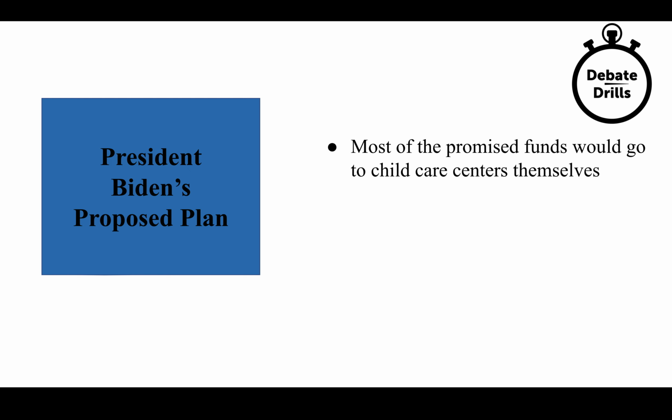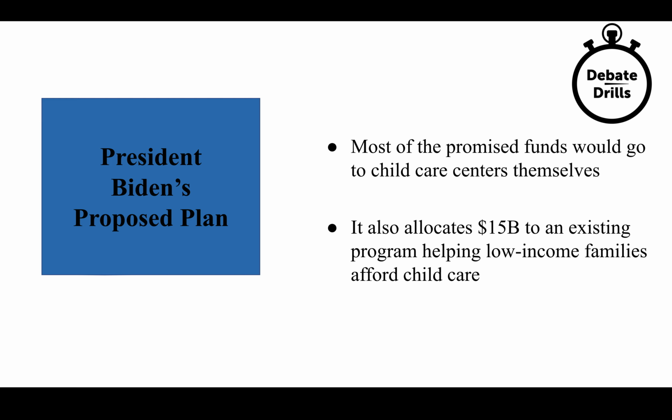Well, he's allocating a lot of funds, but most of those promised funds would go to childcare centers themselves. This is also related to the COVID situation right now. A lot of childcare centers are suffering, and that's part of the reason that President Biden's plan puts so much money into those childcare centers as opposed to families who need to actually pay for the childcare of their children.